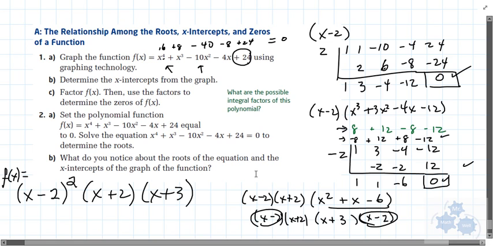Okay? The job of factoring this polynomial here. And we've discovered that the factors look like this. The function can also be written as (x - 2)² times (x + 2) times (x + 3). So that's factored.